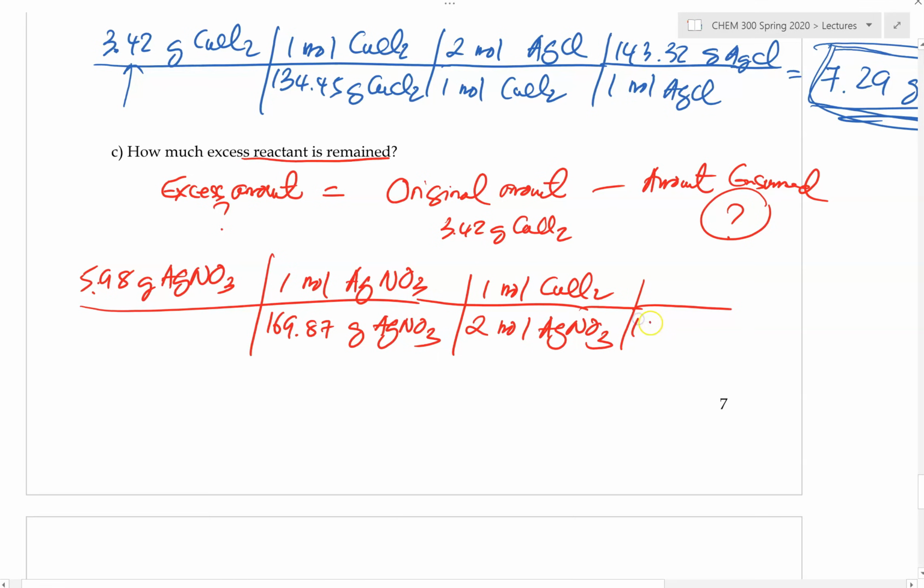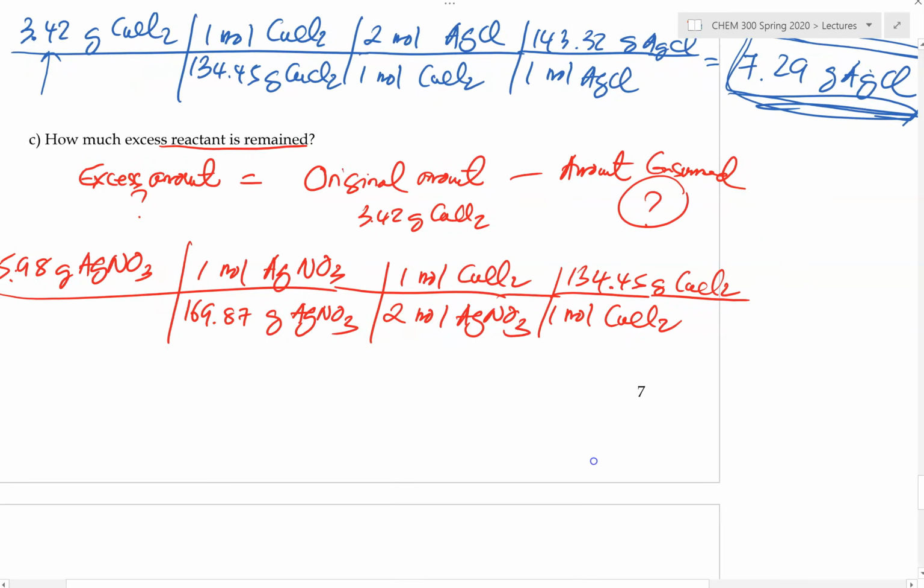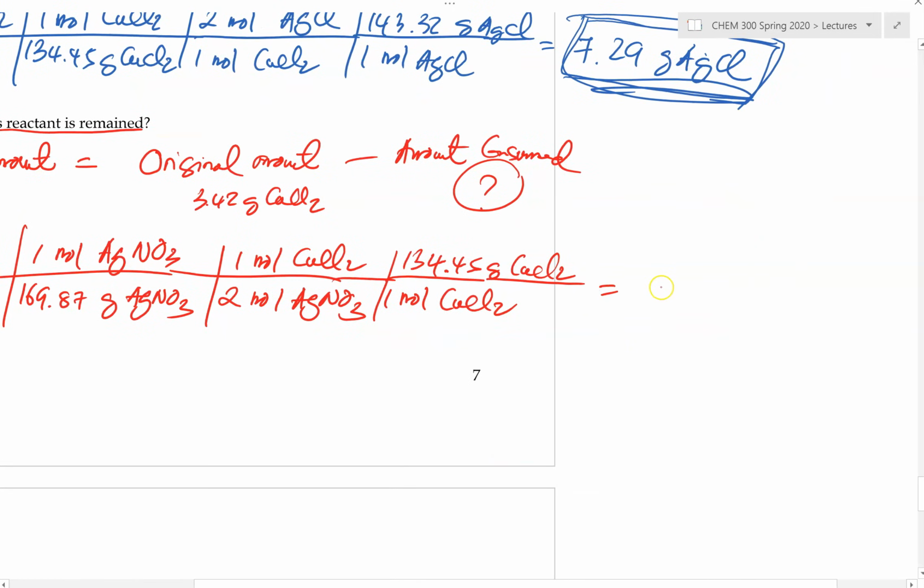And now for every 1 mole of copper 2 chloride, its molar mass is 134.45 gram of copper 2 chloride. So this would then equal 2.37 gram of copper 2 chloride. So this is the amount that will be consumed in this reaction.